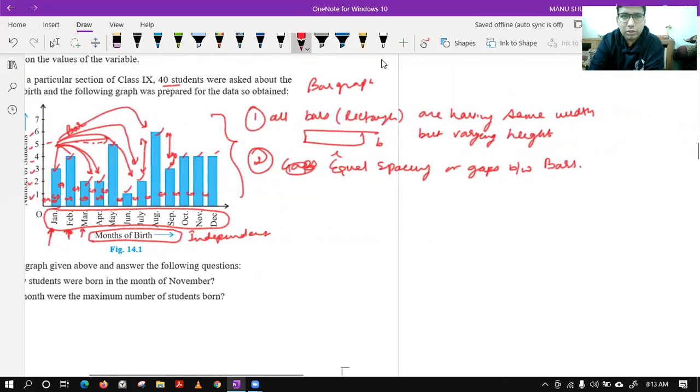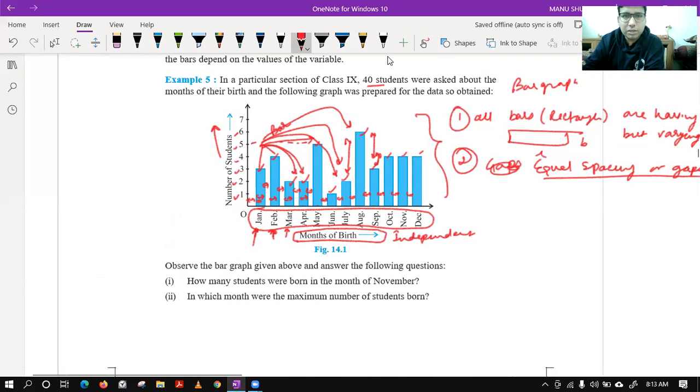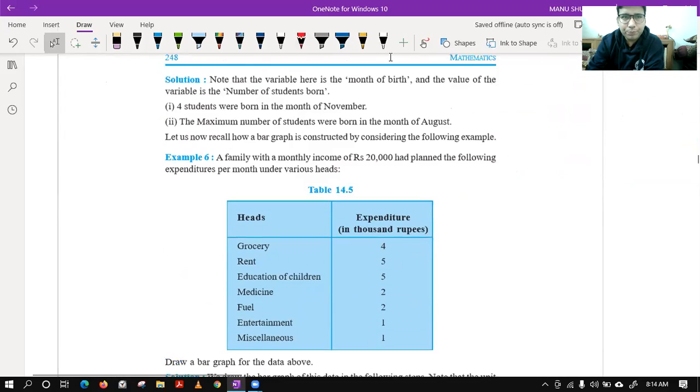So we have written over here: all bars or rectangles have the same widths but varying heights and equal spacing or gap between bars. The observation is also that the independent axis has no grouped distribution. There is no class interval. Simple values are there.